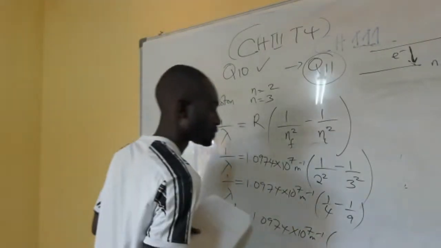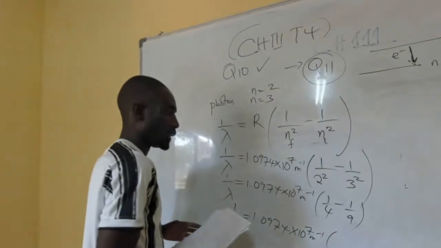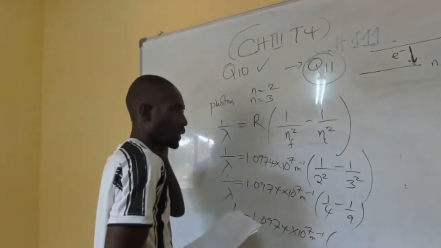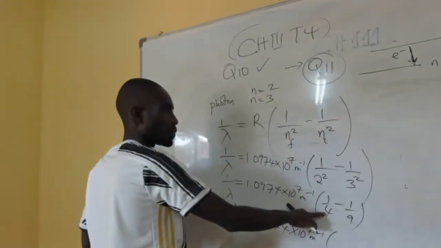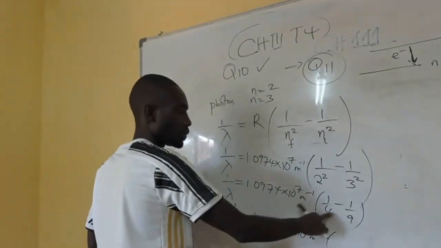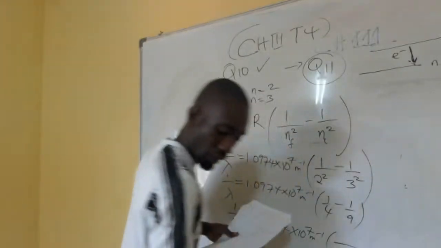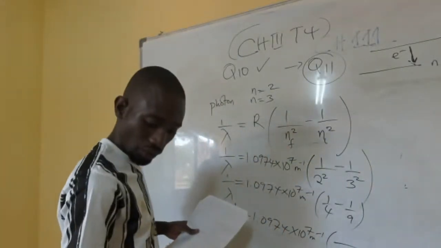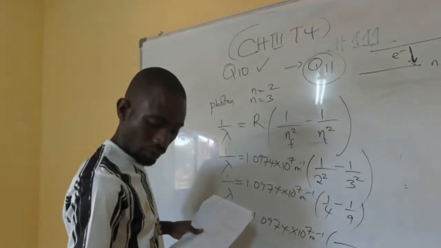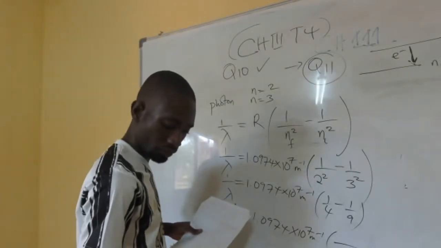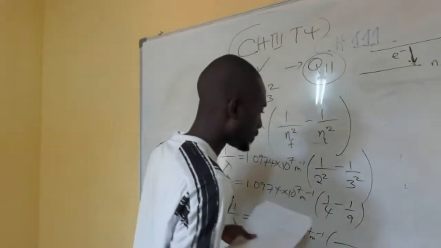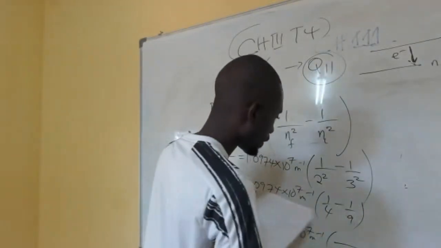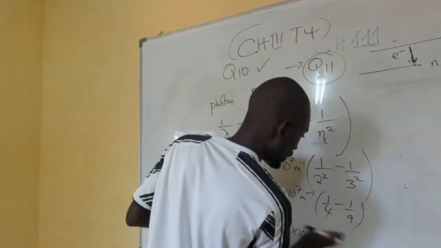You find the common denominator of 4 and 9.